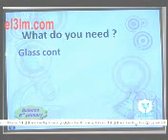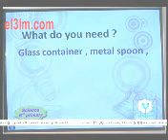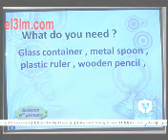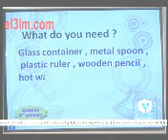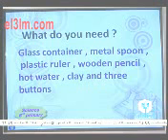So, after this question, what do you need to make an experiment? Glass container, a beaker made of glass, metal spoon, plastic ruler, wooden pencil, hot water, clay, and 3 buttons.